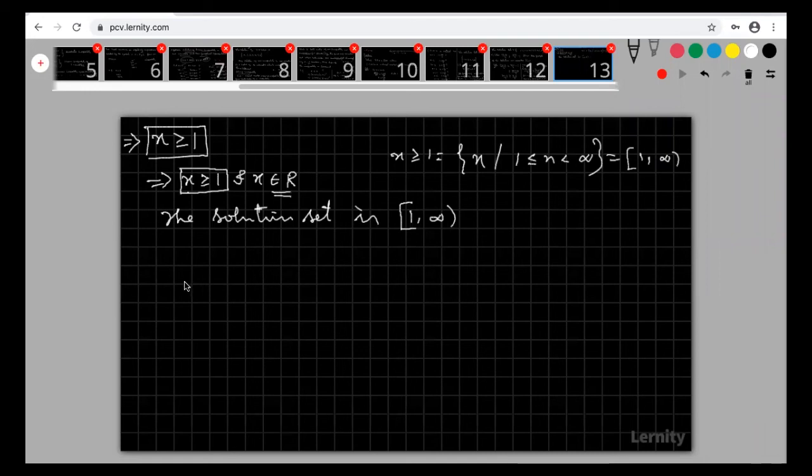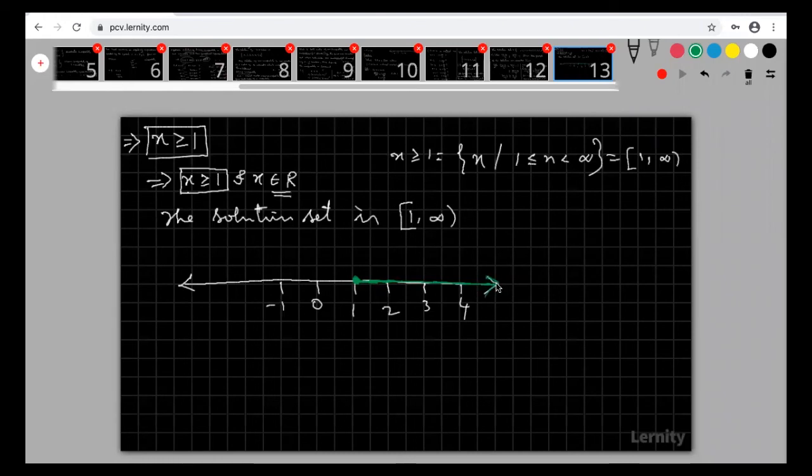How to represent it on the number line? Look at that. This is 0, this is 1, and here it is -1. Here it is 2, here it is 3, here it is 4, and so on. So my solution starts from here, 1, up to infinity.